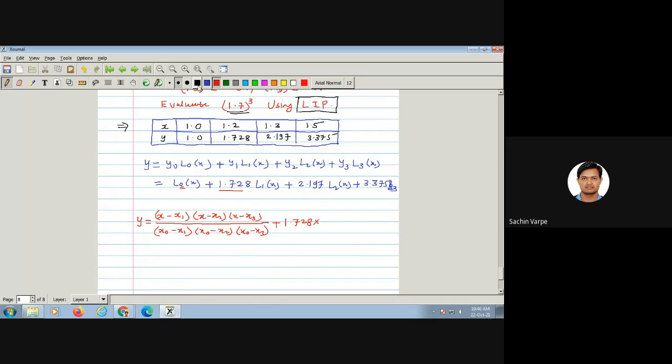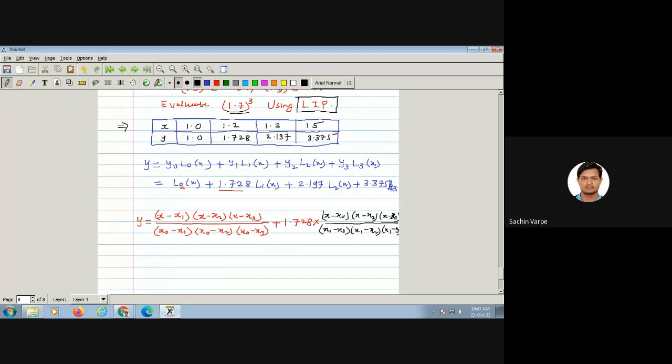What is the formula for L1 of x? X minus x0, x minus x2, x minus x3, because x minus x1 will be excluded, upon x1 minus x0, x1 minus x2 and x1 minus x3.